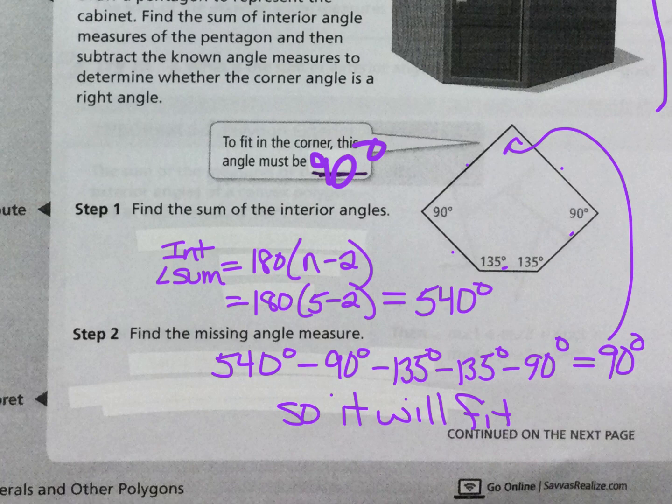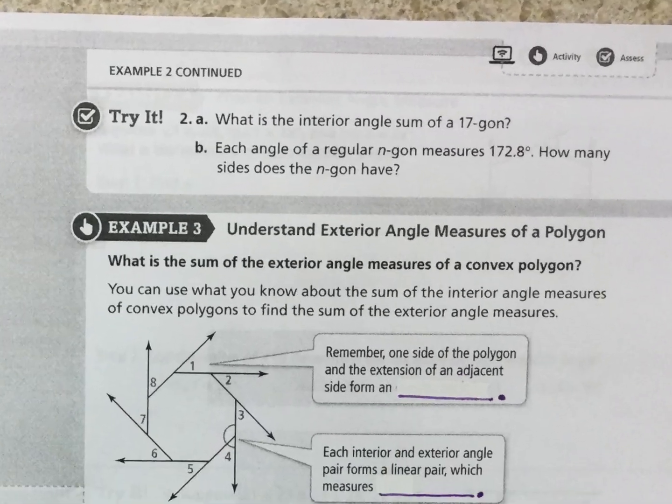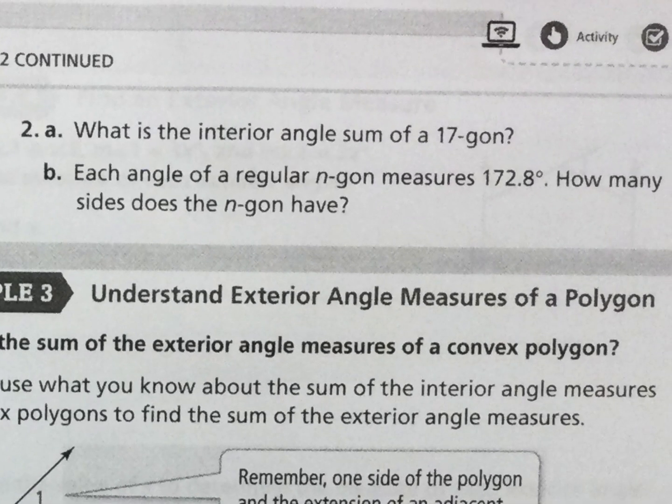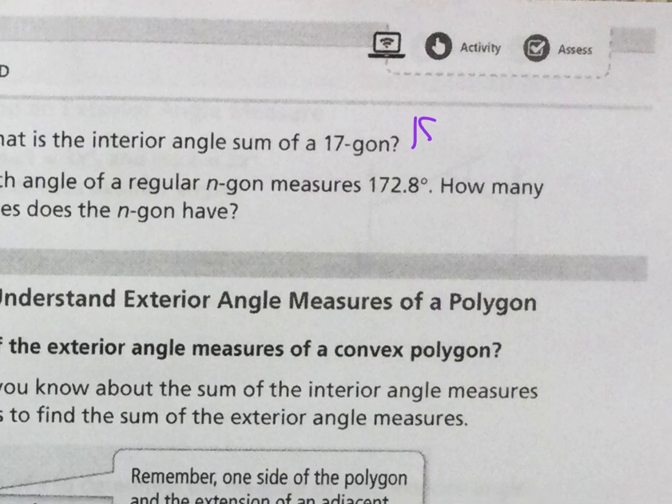Okay, looking on the next page, up here at the top, it says, what is the interior angle sum for a 17-gon? Well, I just say 180 degrees times 17 minus 2 gives me 2,700 degrees, okay?